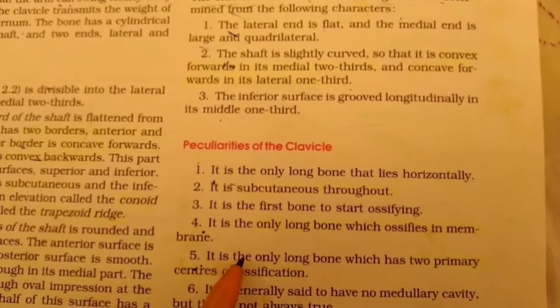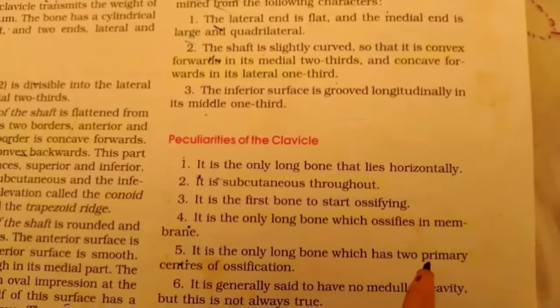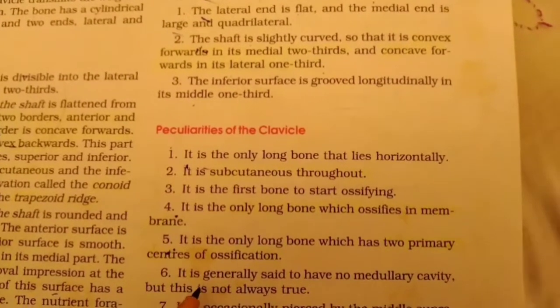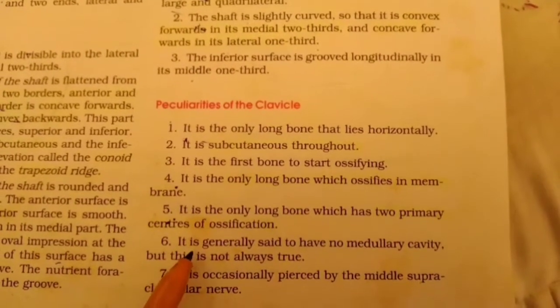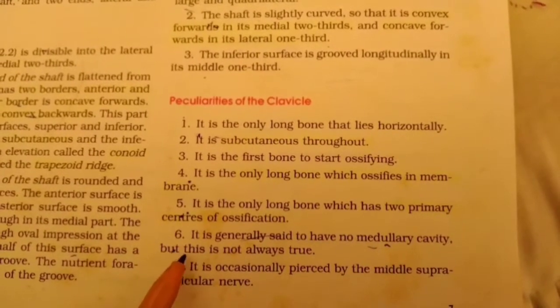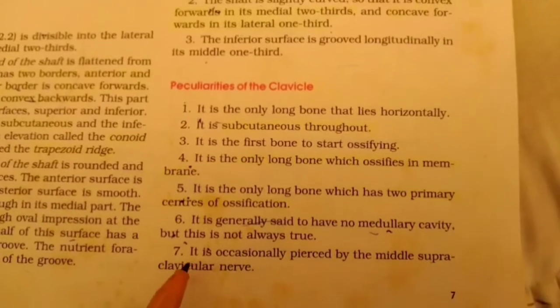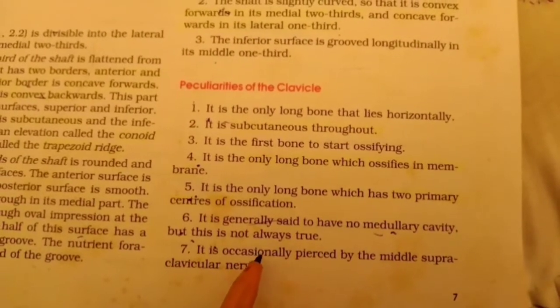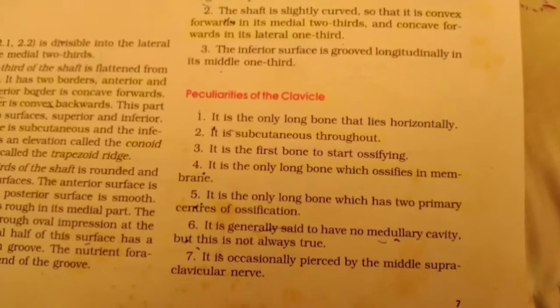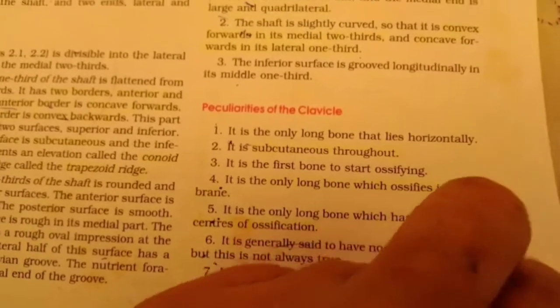Number 5, it is the only long bone which has two primary centres of ossification. Number 6, it is generally said to have no medullary cavity, but this is not always true. Number 7, it is occasionally pierced by the middle supraclavicular nerve.